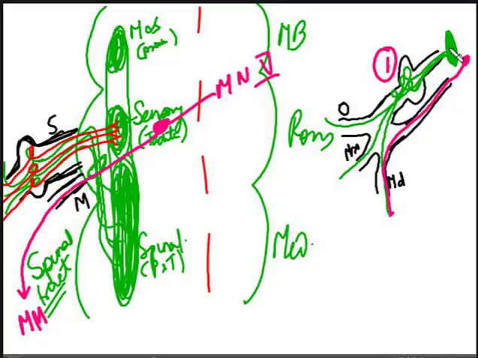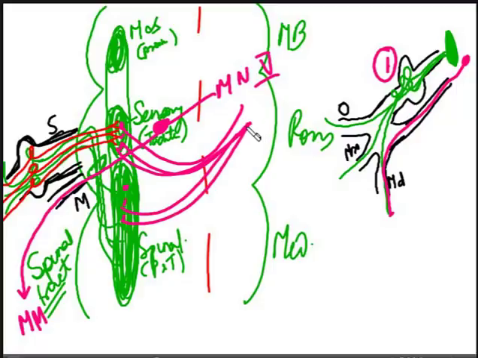They go and synapse either in the sensory nucleus or in the spinal nucleus, depending on what type of sensation they are carrying. So the second order neurons begin here, and the second order neurons begin here. And these second order neurons cross over. Whether they begin here or here, they cross over to the other side.